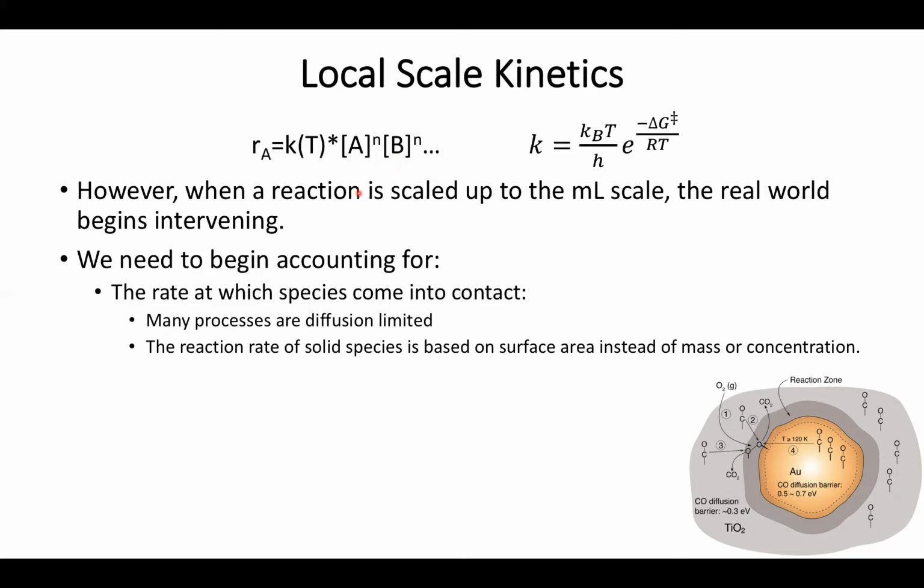Another major feature we have to watch out for occurs specifically in catalyzed chemistry. So for example, I may have a solid reactant or a solid catalyst. And it turns out the rate of reaction is going to be entirely based on the surface area of my catalyst instead of its mass or concentration.